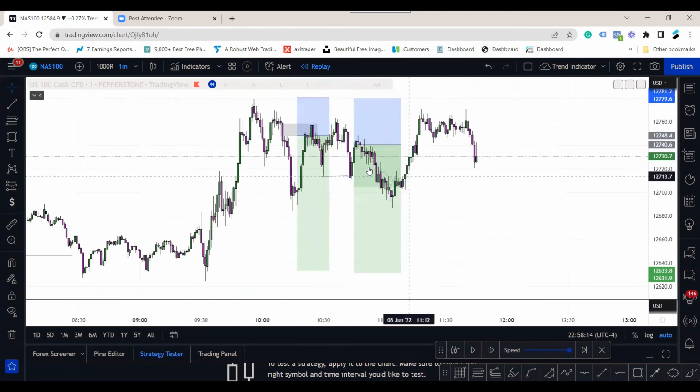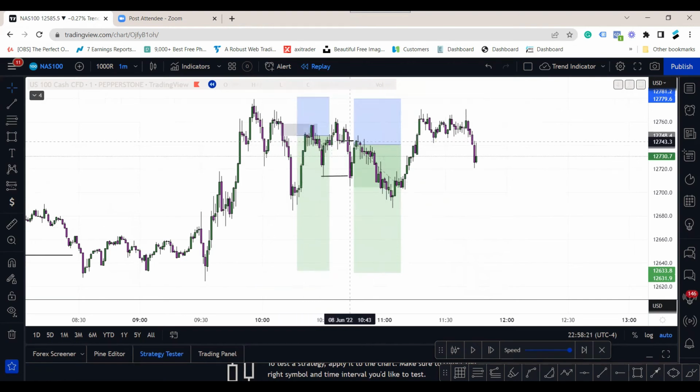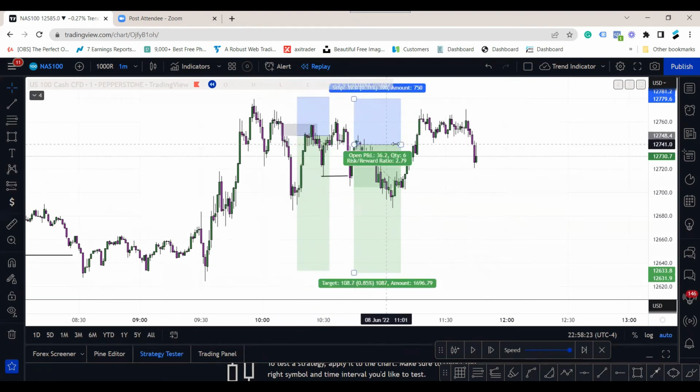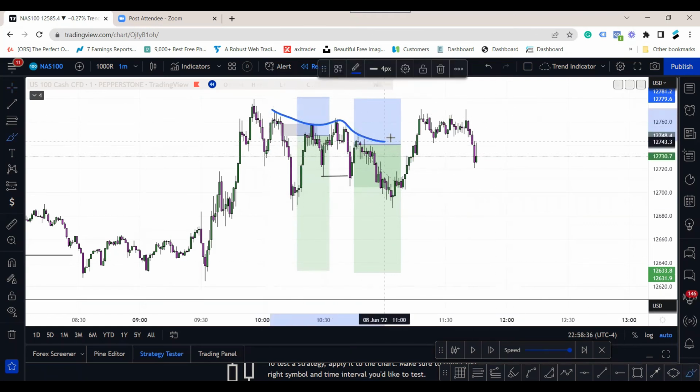Now, from this candle onwards, 10:20, all the way until this candle, 11:40, 1 hour 20 minutes, we can see that the price consistently tried and attempted to do what? To try to take out this high.